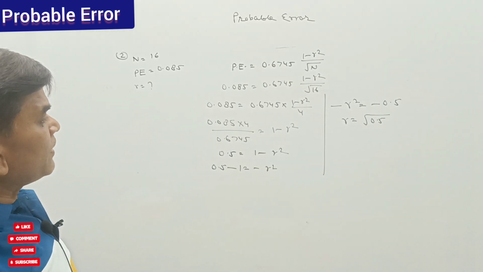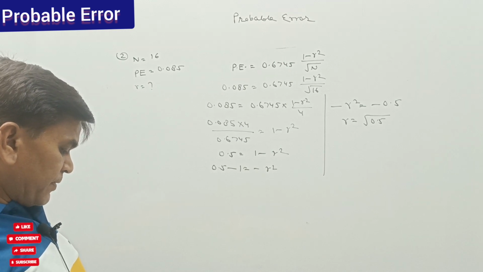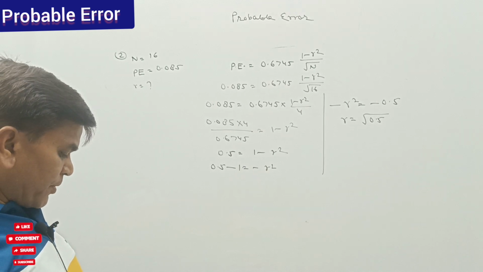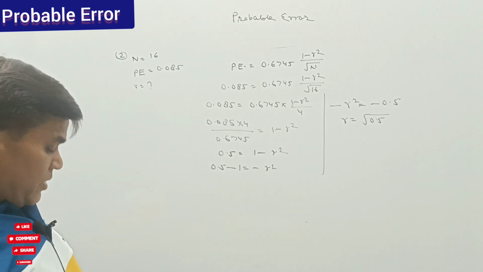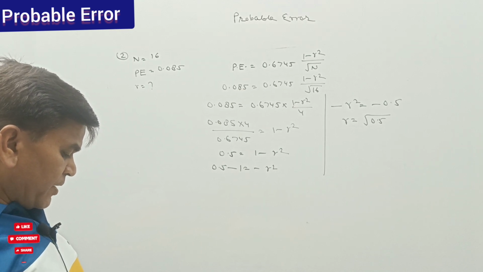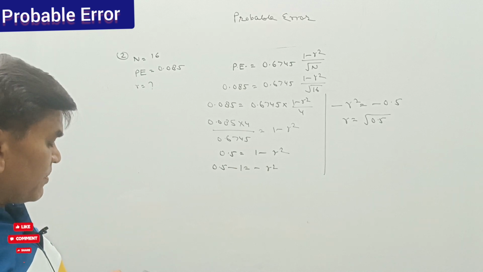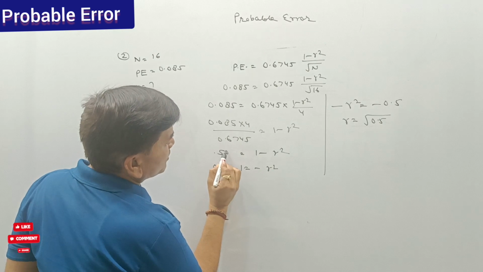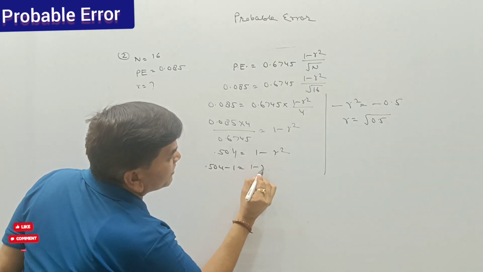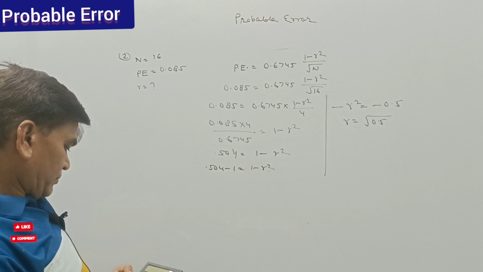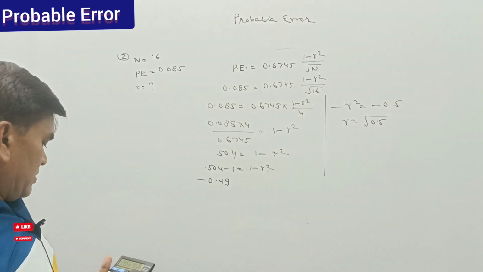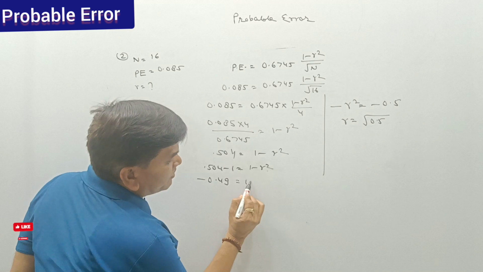Okay, so let me calculate again. 0.085 multiplied by 4 divided by 0.6745, this value is 0.504. So 0.504 is equal to 1 minus r square.